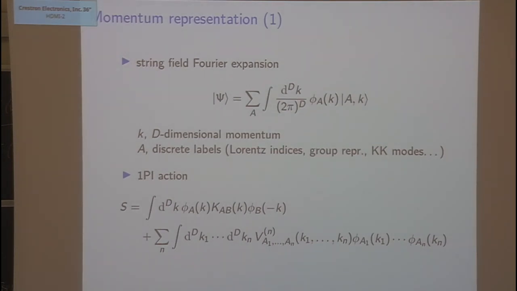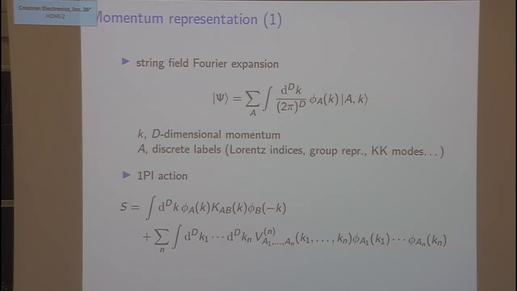Just to set the notation a bit and explain more, you have this expansion of k squared. First, you can do a string Fourier expansion of the string field. The phi_a of k will be the spacetime fields, k is the momentum of the center of mass, and it is d-dimensional, where d is the number of non-compact dimensions.